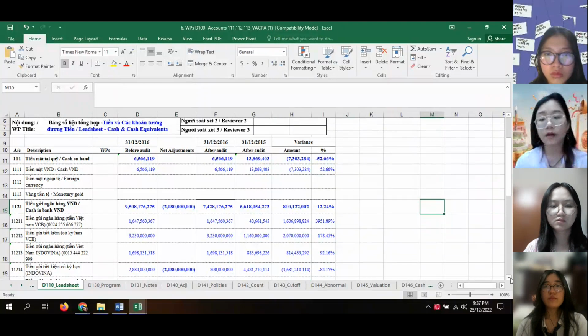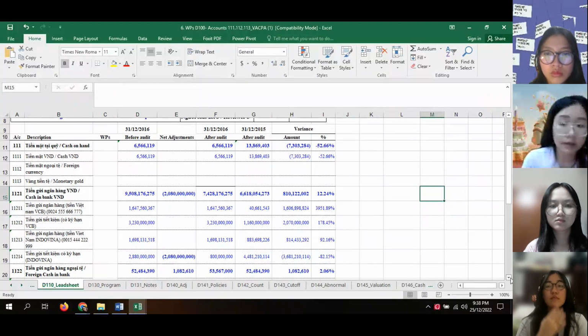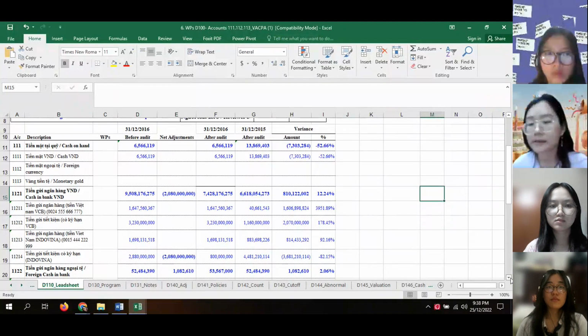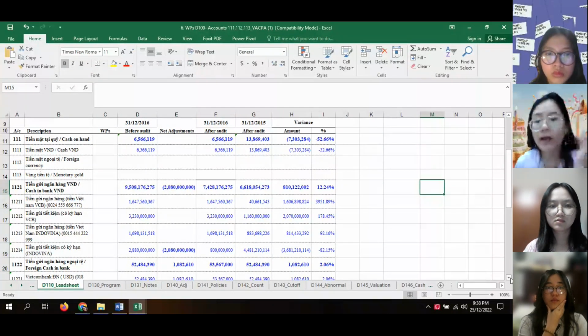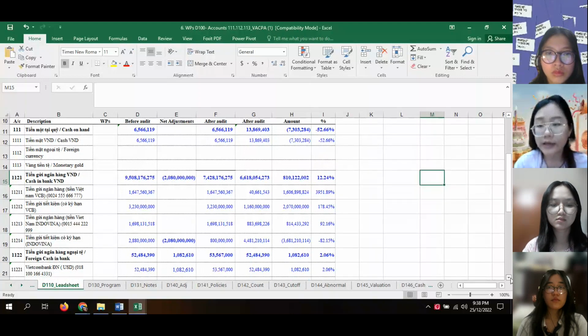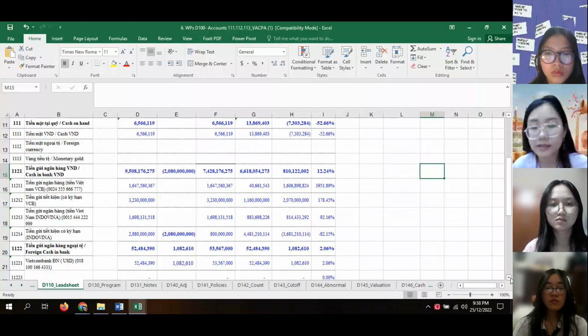The variance is not over the materiality, but the percent is really high, so we have to consider it. That is an example. That's why we have variance in both amount and percent, so that we can follow the change not only in the number but also in the percentage.